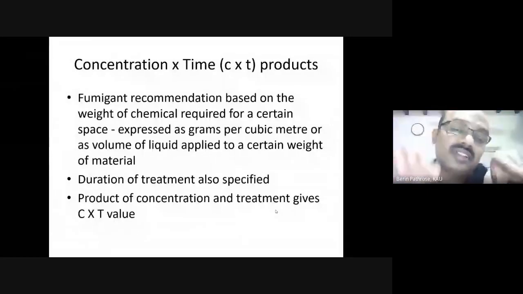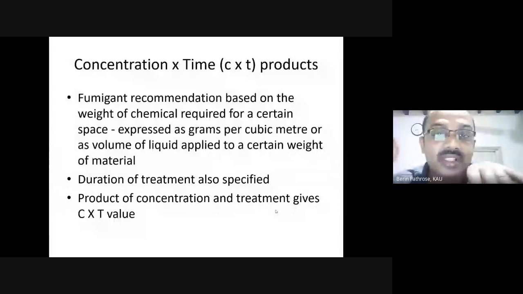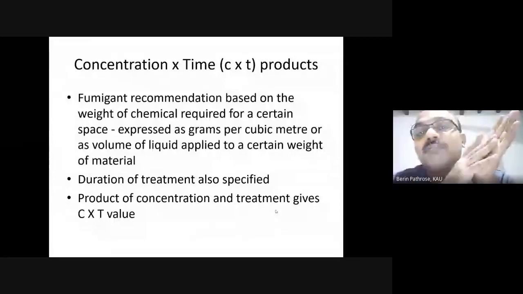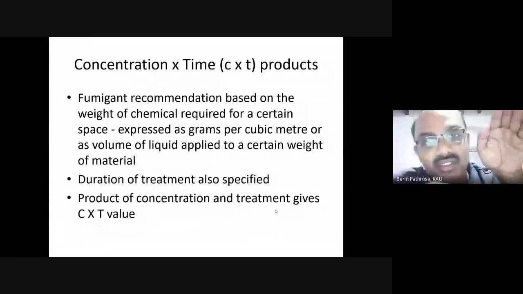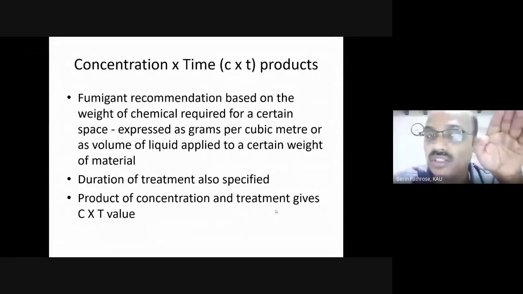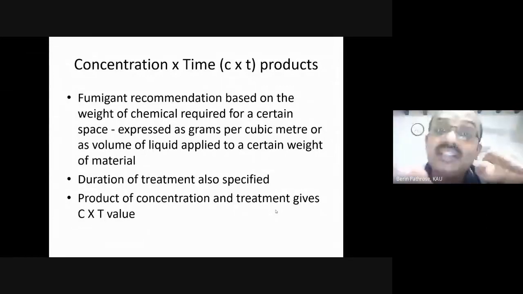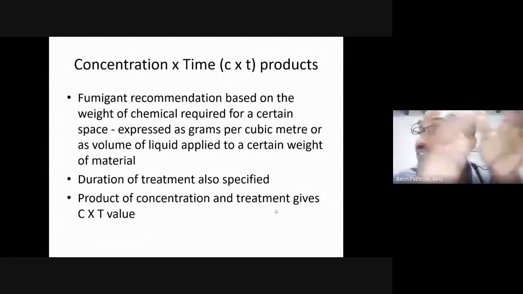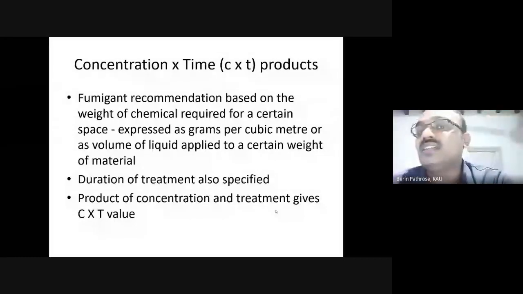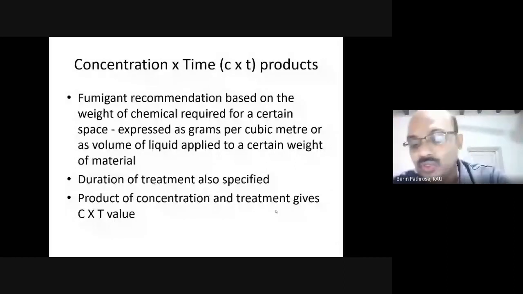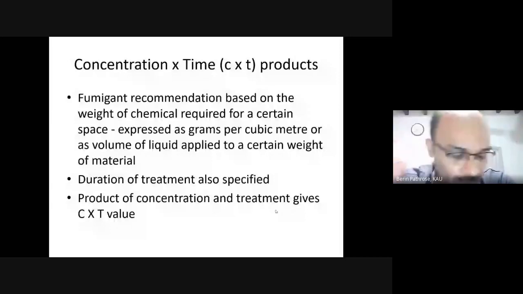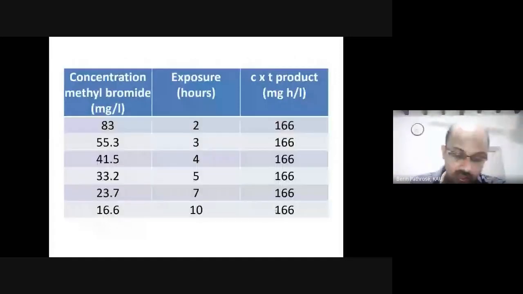So we can alter either the concentration or the time to arrive at a particular CT value. If we are increasing the concentration, then we can reduce the time. If we are reducing the concentration, increase the exposure period so that it reaches the required CT value for that particular fumigant. So that is one thing you have to keep in mind.